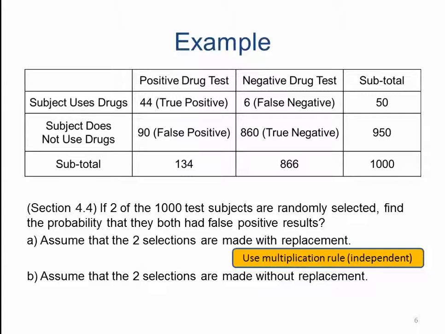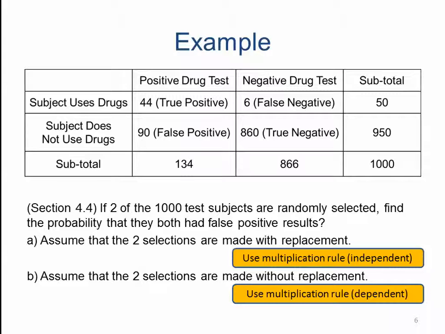If it's with replacement, we use the multiplication rule, and the 2 test subjects that are selected are independent. The process is independent. And then without replacement, the process would be dependent because say you select a first test subject, then after that you have one less test subject left for the entire group here.